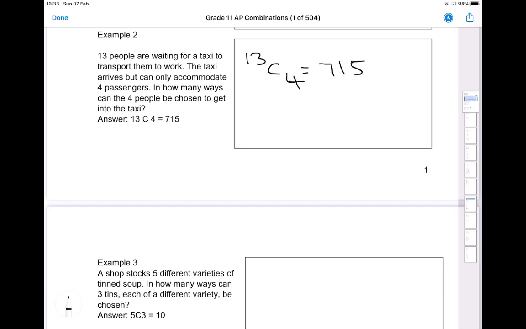So there are 715 different groups of 4 people that we can put aside to go into this one taxi. We're not saying 715 people will go into the taxi, but we are saying there are 715 groups of 4 that can go into the taxi.